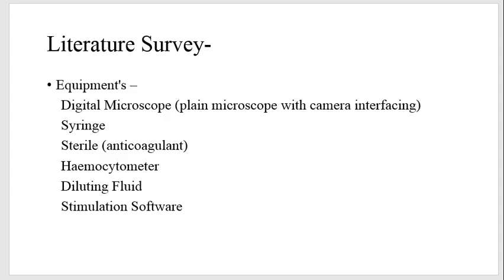We need a microscope with camera interfacing. Syringe we don't need actually. We need something like a finger pricker, or a syringe can be used as a pricking needle.